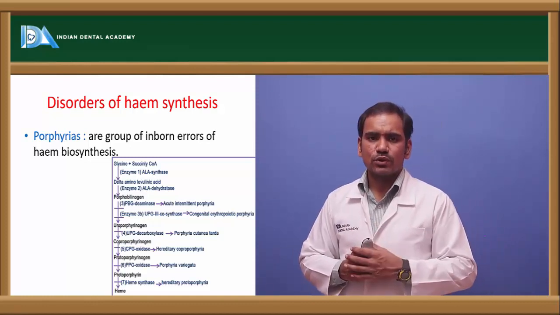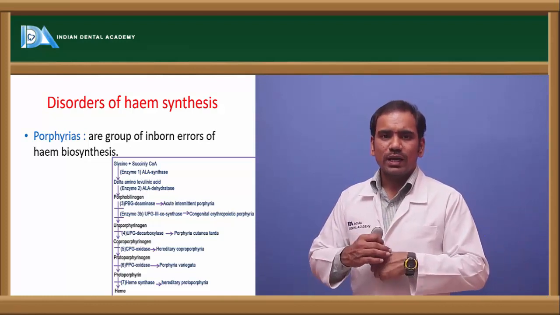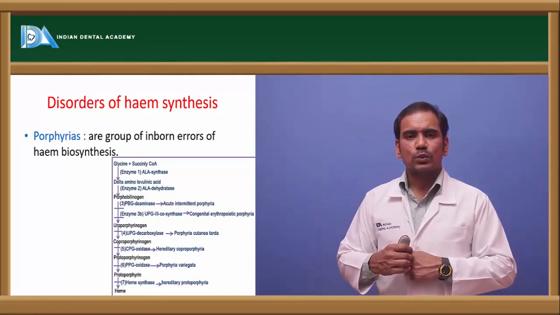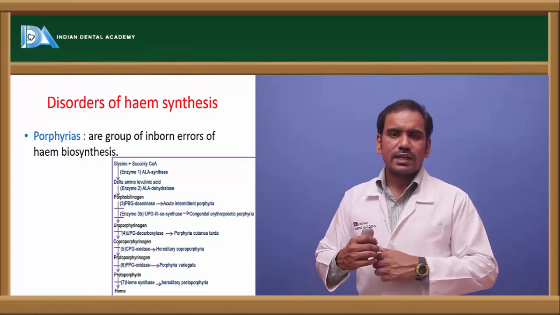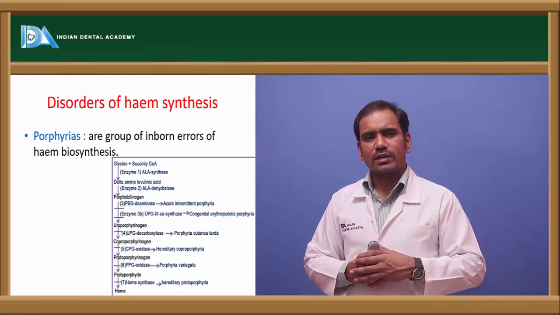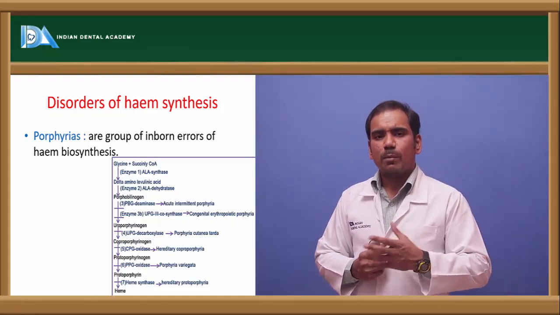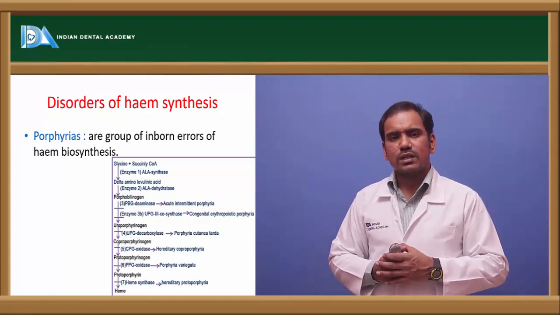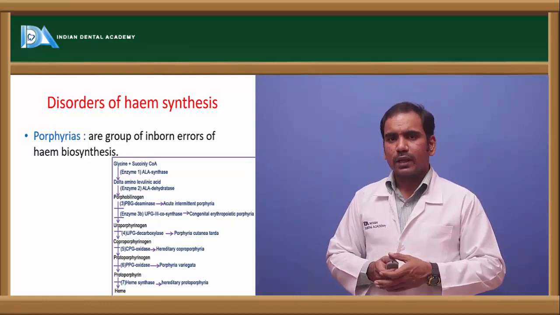When they are exposed to light, they get excited, and that excitation leads to itching, and that itching leads to dermatitis and scarring. Scars will be seen on the skin. These dermatological and skin manifestations are seen mainly in congenital erythropoietic porphyria. Apart from that, there is hemolysis. So these are the important features of congenital erythropoietic porphyria.